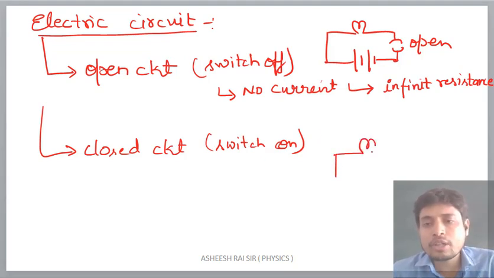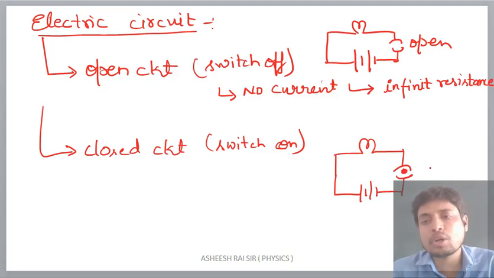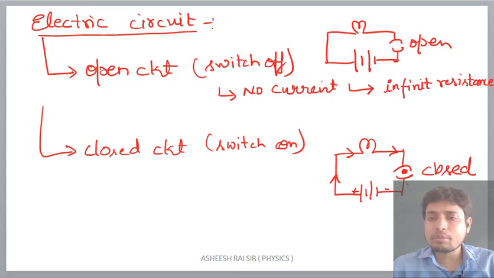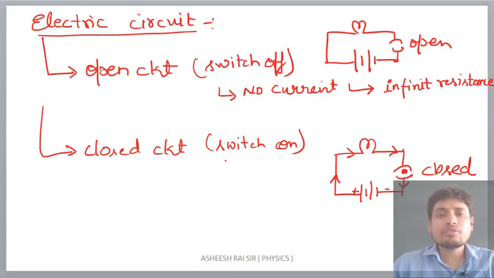If the circuit is like this, the key is closed, this is the symbol of the closed circuit. If the key is closed, then the current starts to flow from the positive terminal to the negative terminal, and it is called the closed circuit.